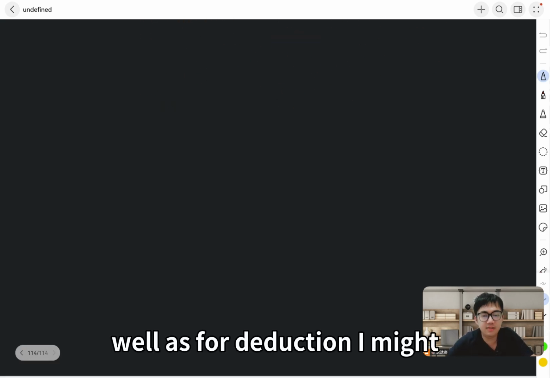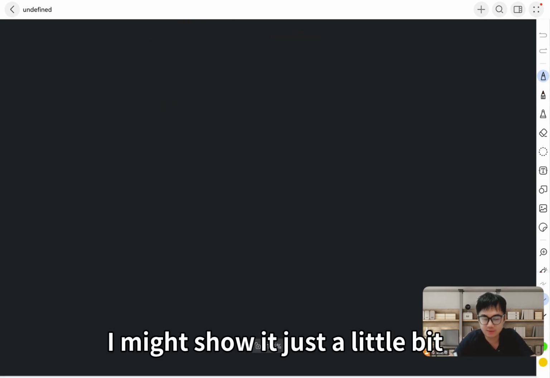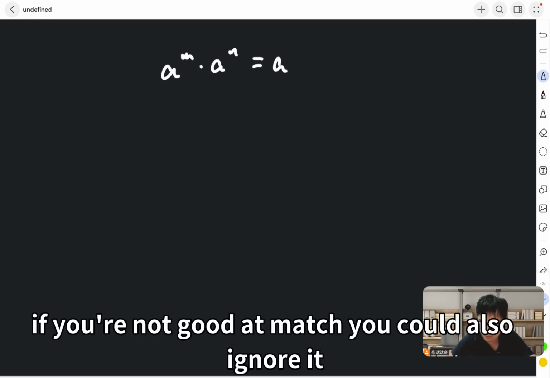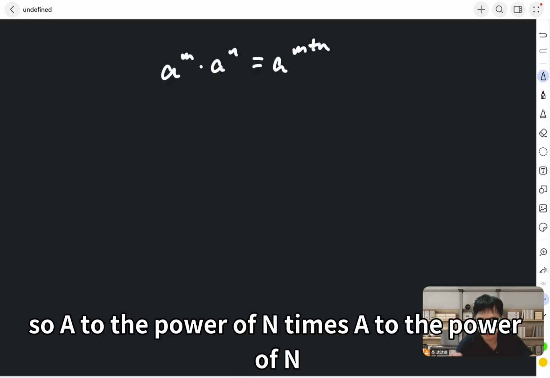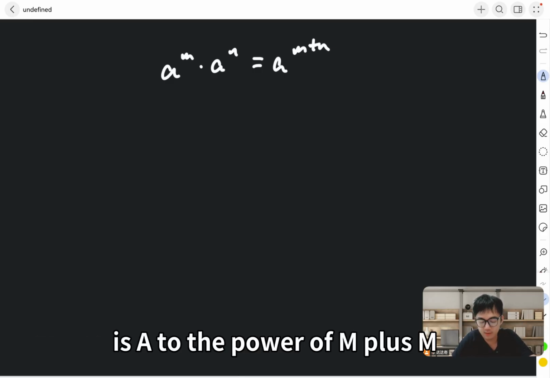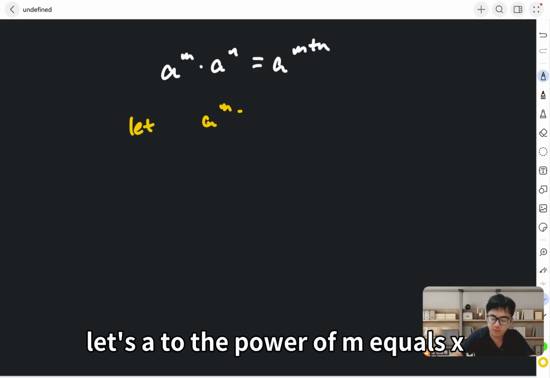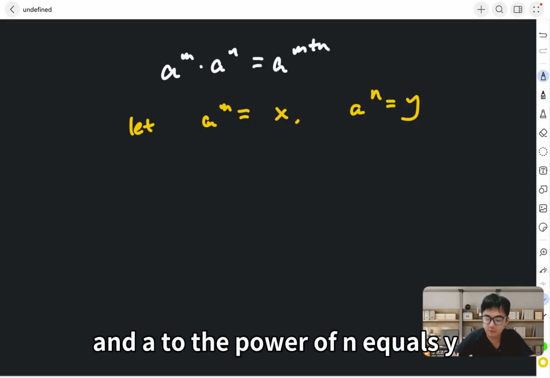As for the deduction, I might show it just a little bit. It's not a big deal. If you are not good at math, you could also skip it. So a to the power of m times a to the power of n is a to the power of m plus n. Let a to the power of m equal x, and a to the power of n equal y.